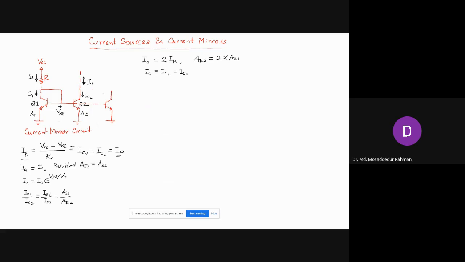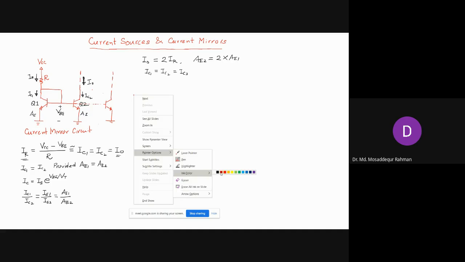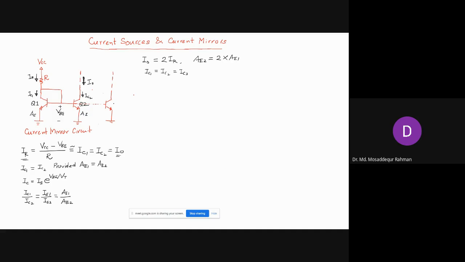Just add one more transistor here and you get another current source supplying another current to another stage. So let's call it Q3. And let's say this current here is I01 and the current here will be I02.